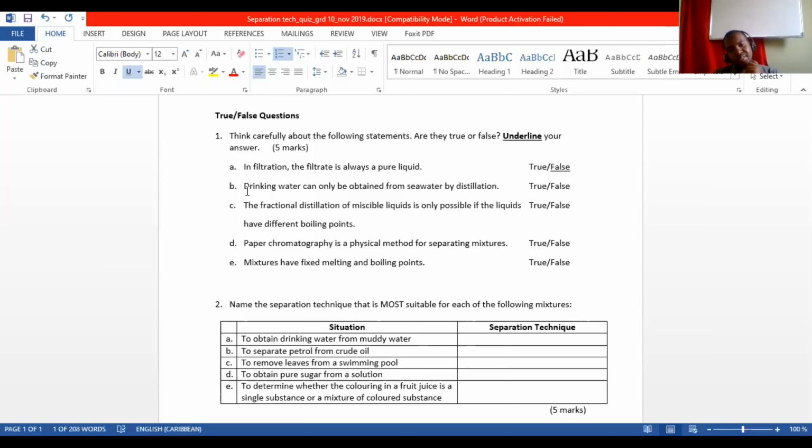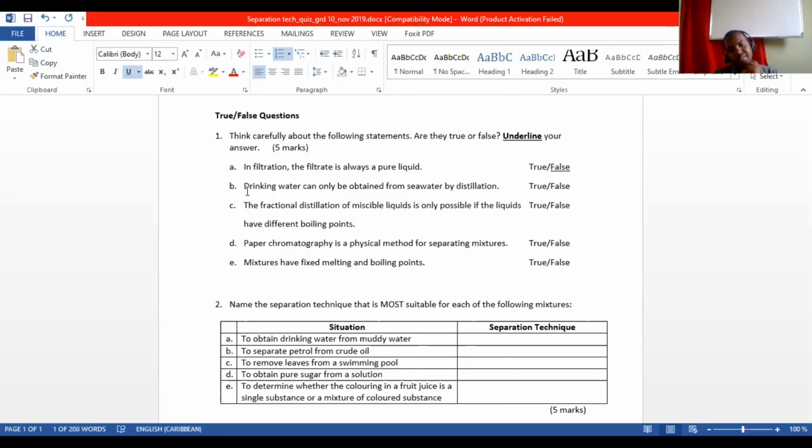B, drinking water can only be obtained from seawater by distillation. So we're saying we can only get drinking water from seawater by doing distillation. True or false? We have two possible answers given.